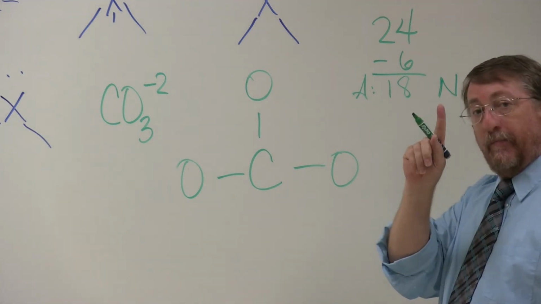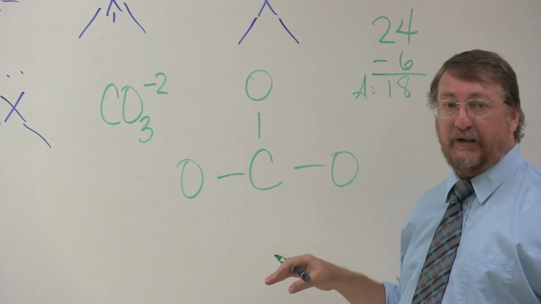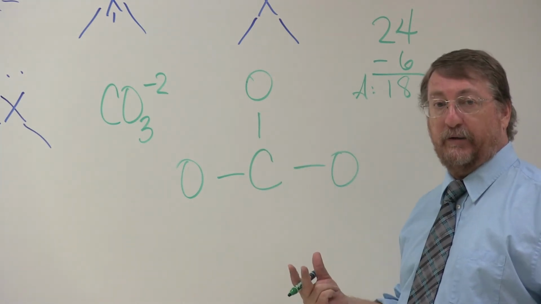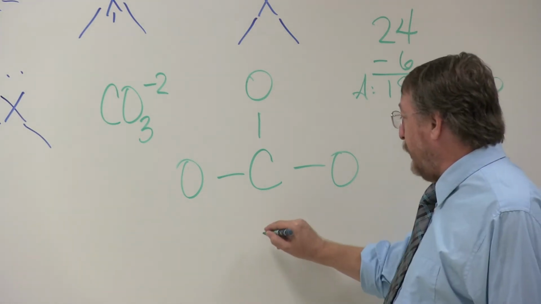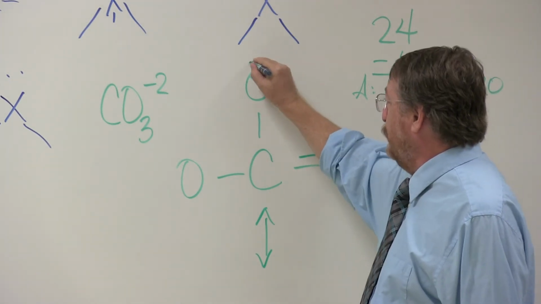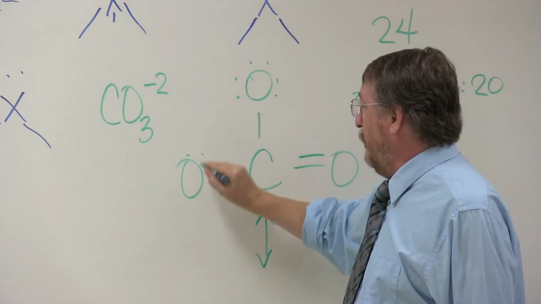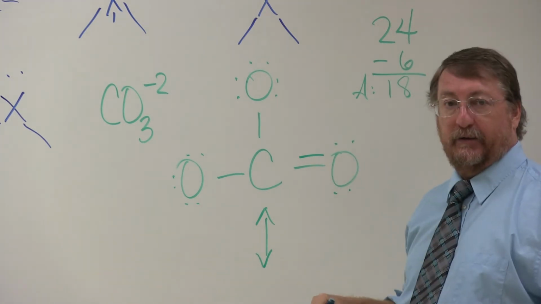So I'm going to add 1 bond. 3 equally likely places, because each one of these oxygens would love to have 2 bonds. So what we're going to have is resonance. Okay? So I can draw all those resonance structures. I'm not going to do that here, but you know that the bond is equally likely in each place.